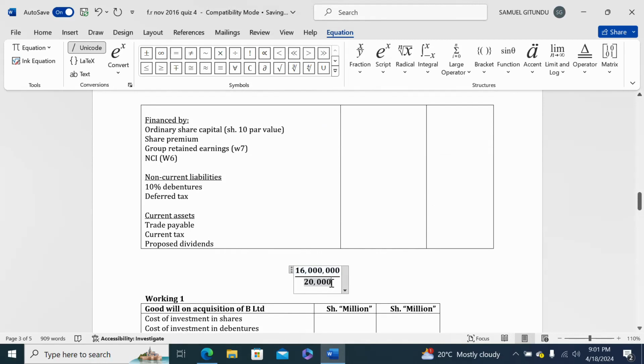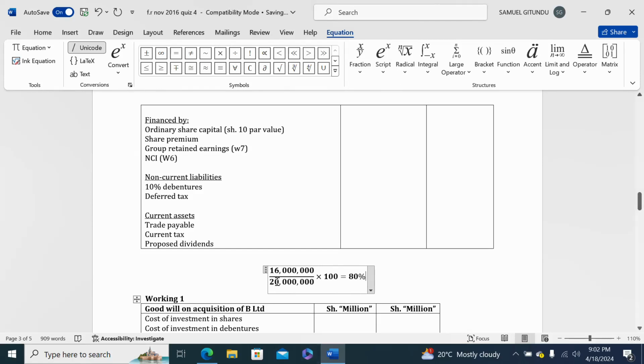So 16 million shares over 20 million shares, you multiply by 100%. 16 divided by 20 multiplied by 100, you get 80%.